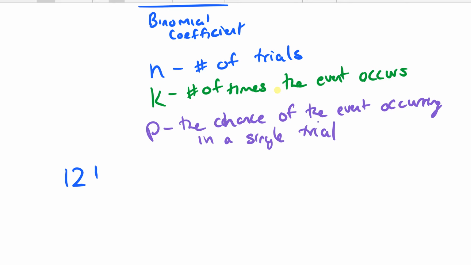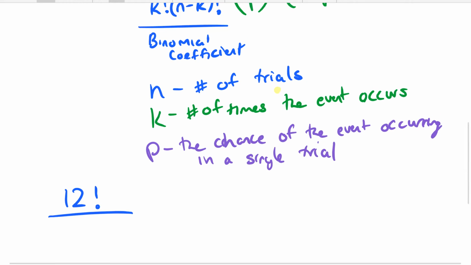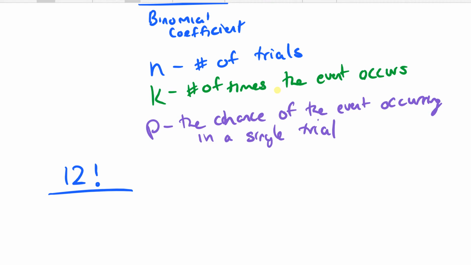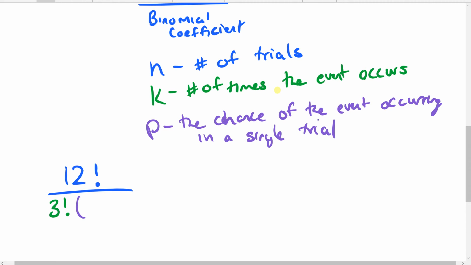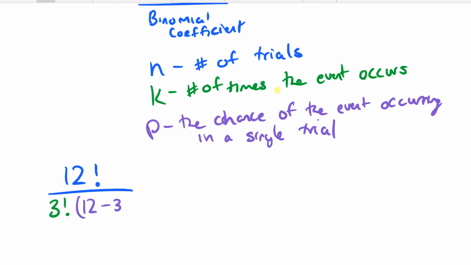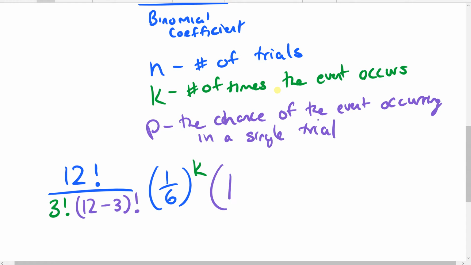That is 12 factorial over k factorial, which was 3, times 12 minus 3 factorial, that's n minus k factorial, times 1 over 6 to the k times 1 minus 1 over 6 to the n minus k, 12 minus 3.